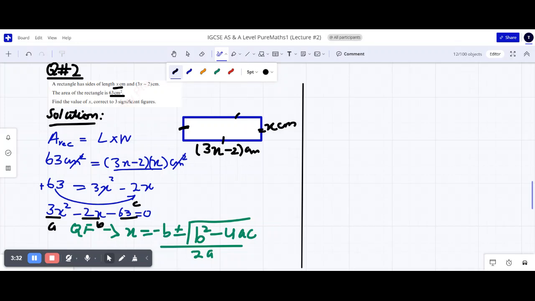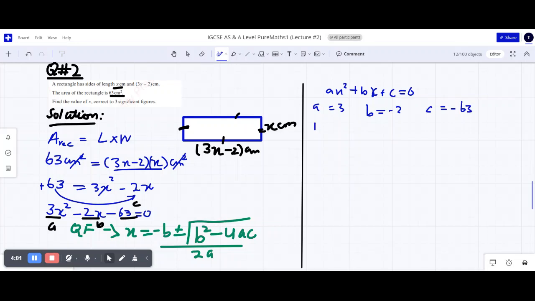The general form of the quadratic expression is ax squared plus bx plus c equals to 0. By using this general form, I got the values in this equation. So a is equal to 3, b equals to minus 2, and c equals to minus 63.